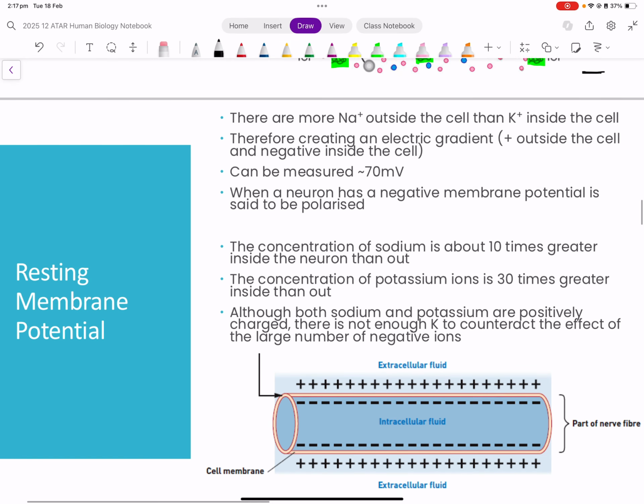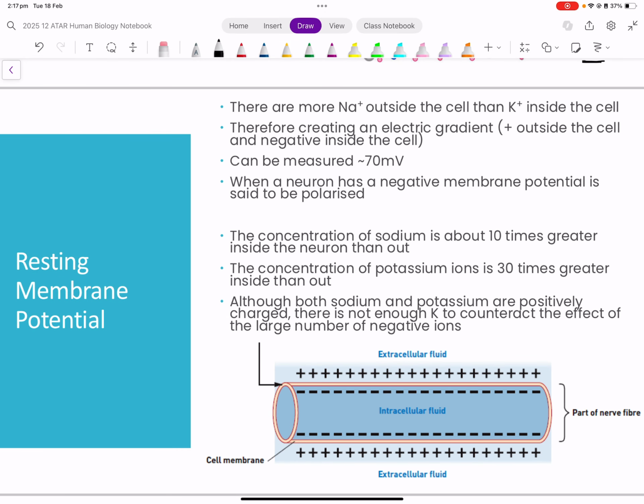When we talk about the resting membrane potential, and this comes down to the potential difference that we were talking about earlier, this is because, again, there is more sodium outside the cell than potassium inside the cell. And what this means is it creates a gradient of charge.